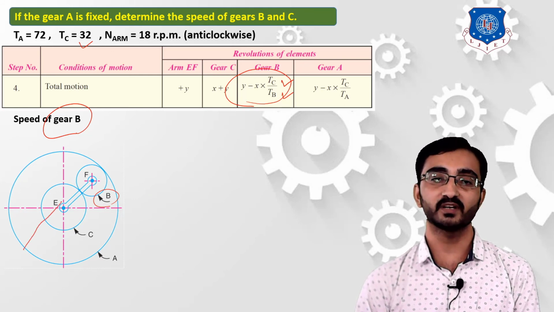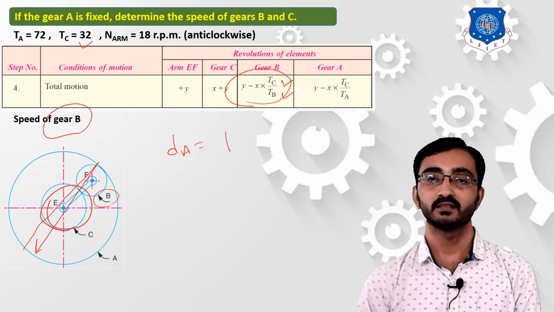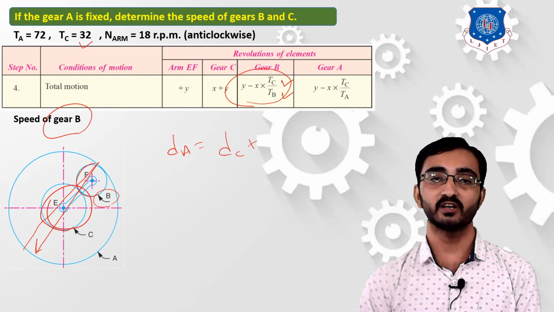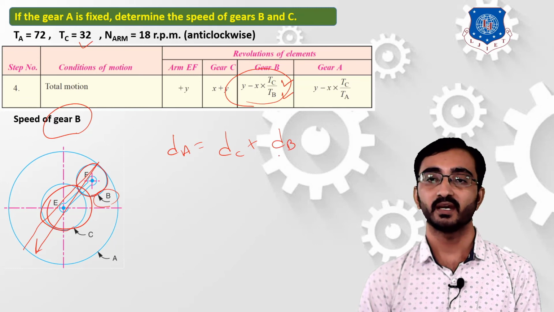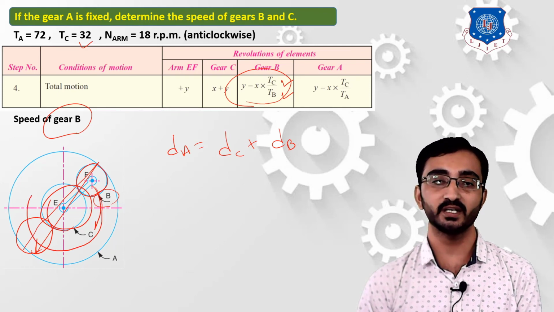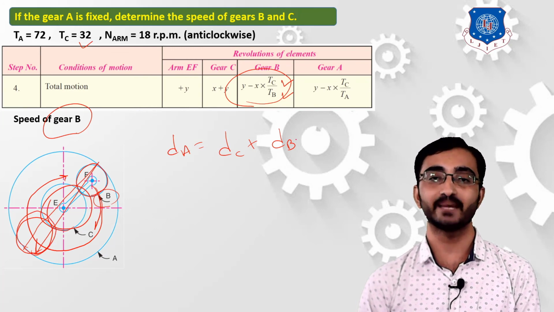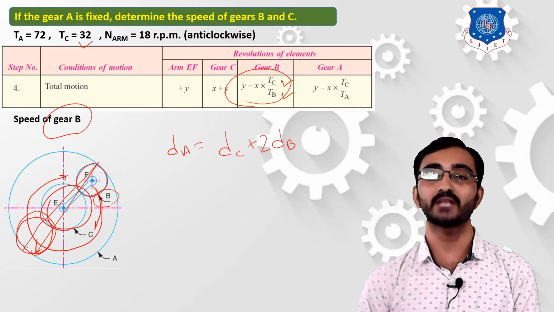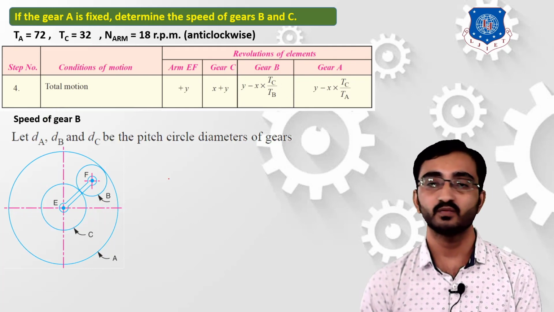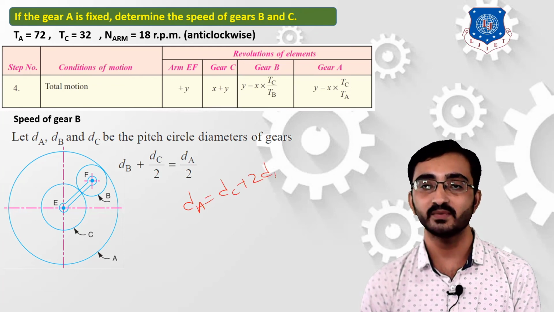From this diagram you can refer that the diameter of gear A is made up of mainly two terms, that is the diameter of gear C plus the diameter of gear B, and the remaining space also contains a diameter of gear B, because this gear B will be rotating around this periphery. So we can simply say that this much distance will also be a diameter of gear B. So we can simply say it is 2 times the diameter of gear B. So in this case we can say that dA is equal to dC plus 2 times dB.